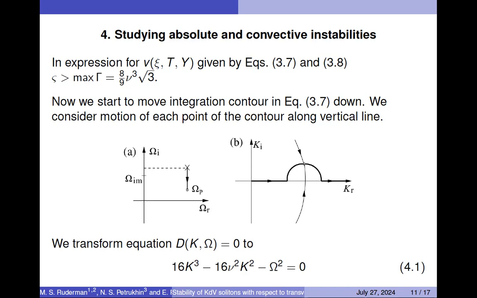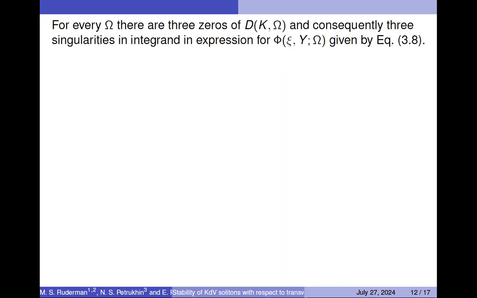We rewrite our dispersion equation in this form, a cubic equation, and we can see that for any omega we have in general three solutions in the complex plane. Now we are moving our contour down, and it can happen that at some point one of the k roots of our dispersion equation will be on the real axis.